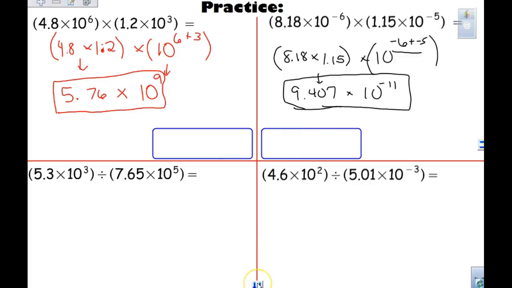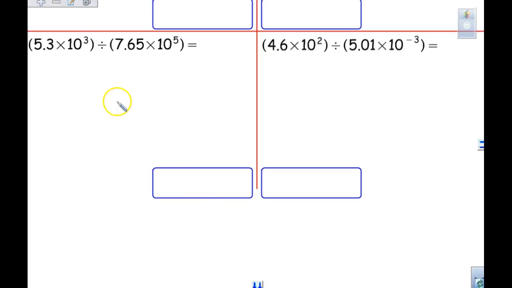So as we do the division problems, please write it first as 5.3 times 10 to the third, and please put that all over 7.65 times 10 to the fifth.